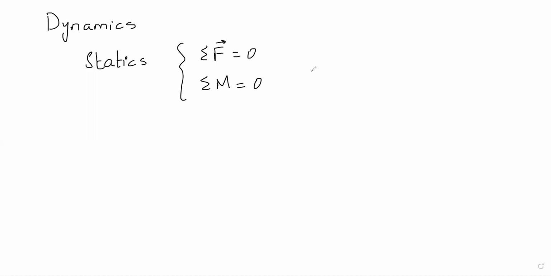We have dynamics. So in your statics classes, your instructors have already taught you summation of forces is equal to 0 and summation of moments is equal to 0. And that meant that the acceleration and the angular acceleration alpha were 0.